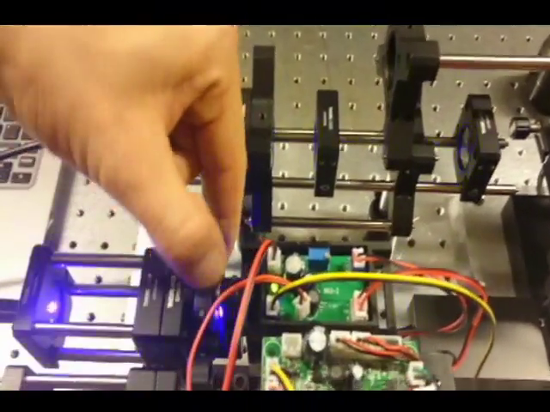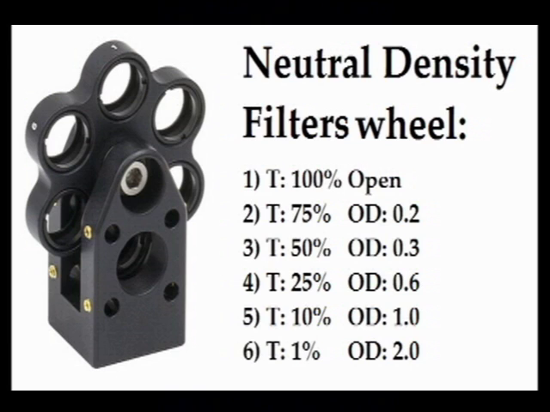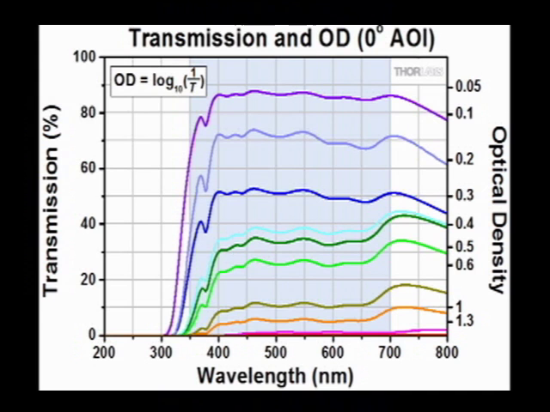So let's follow the optical path. First, we control the laser power using a wheel containing neutral density filters. Each number corresponds to a filter where the transmission changes. You can see exactly the corresponding transmission for each neutral density filter you want.